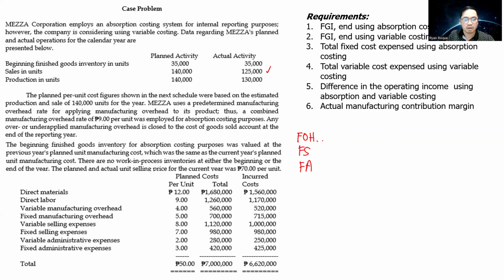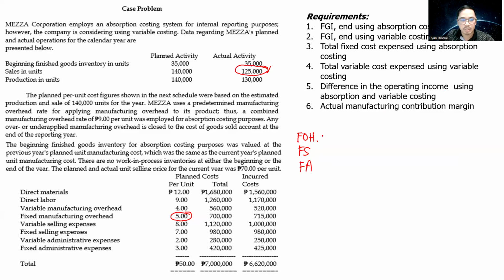So how much is your FOH expense? Remember, in the production we apply the FOH of 5 per unit. So when we multiply that by the number of units sold, that would be the FOH expense this period.